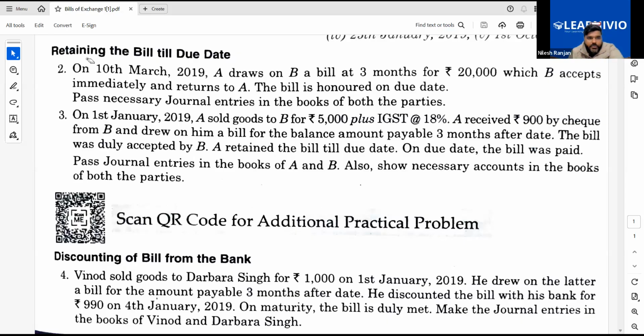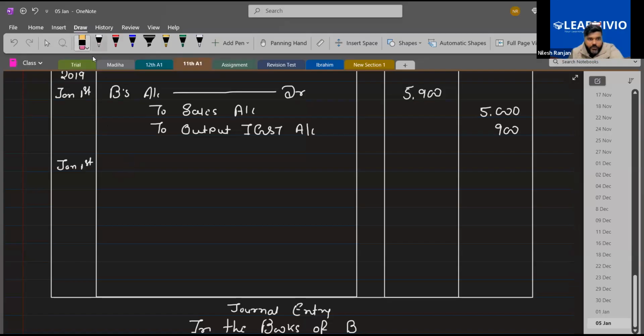Check is received. So we will write bank account debit to B account, 900, and for the balance amount we drew a bill.